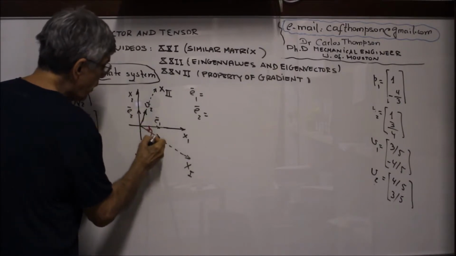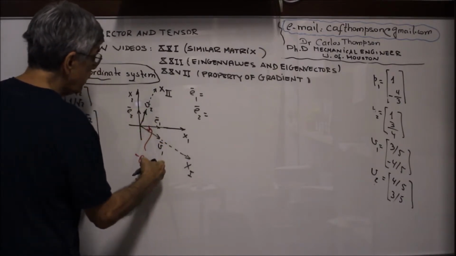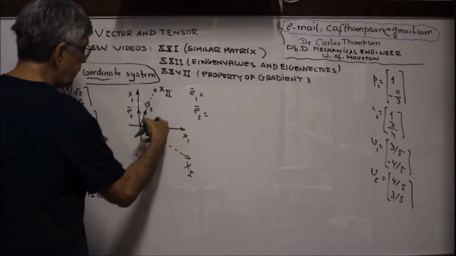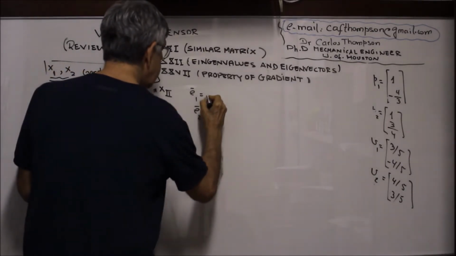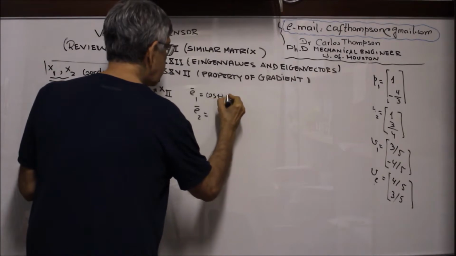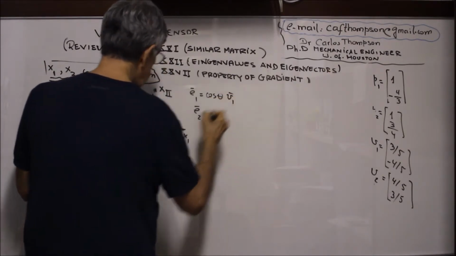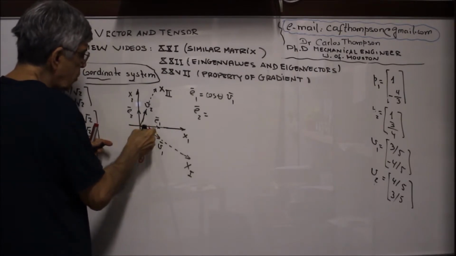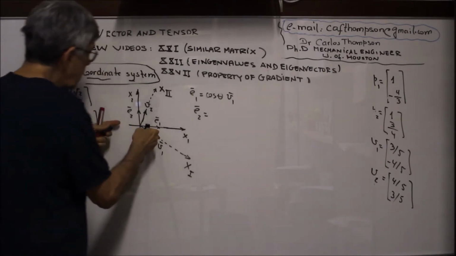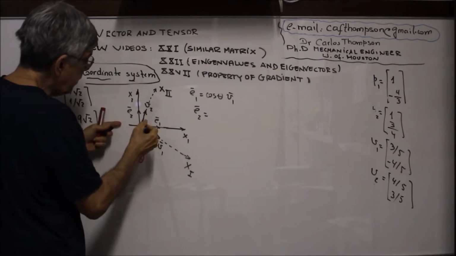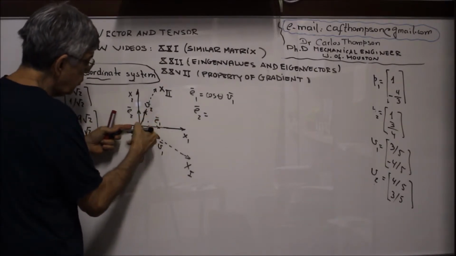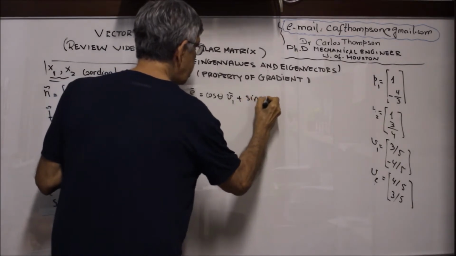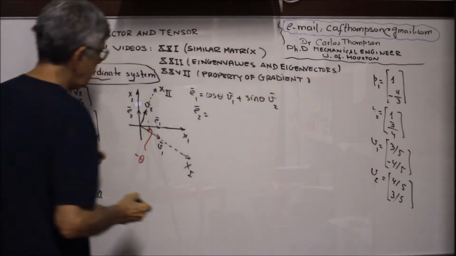Now let's project V1 on this x1 axis. So U1 will be V1 cosine of theta. Now, this is V2. When I project here on U1, it will be plus, so this will be plus sine of theta V2.